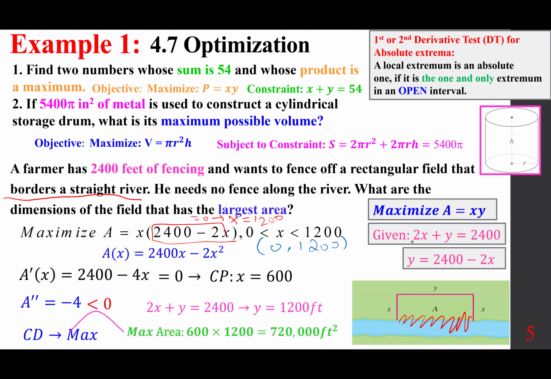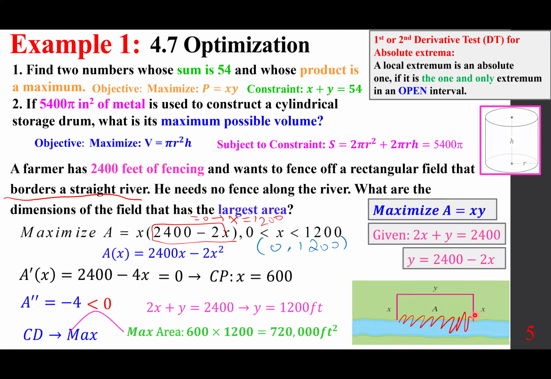A quick recap. I looked at several examples and I did one of them. The objective for this question: first you do the drawing and define your variables, the width is x, the length is y. You want to maximize the area, which is x times y.